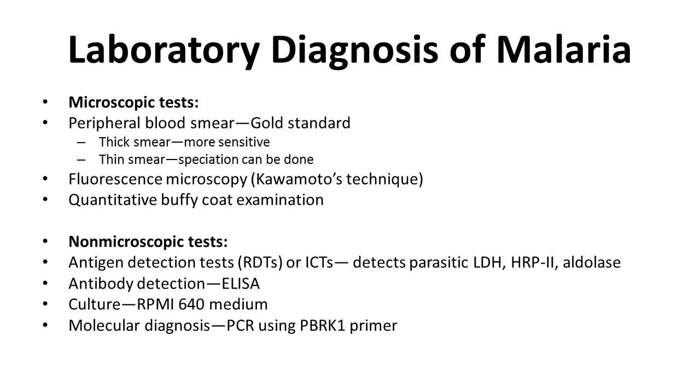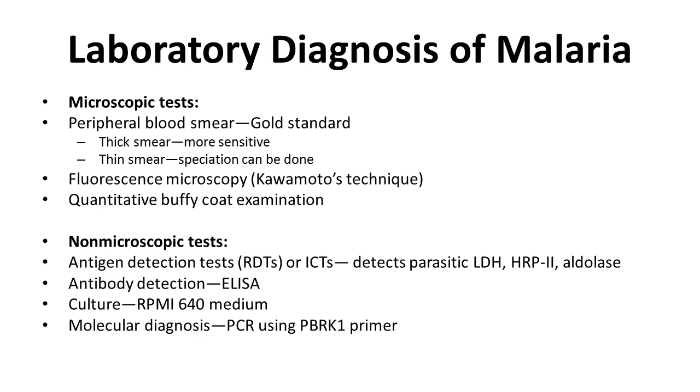Then we will move to laboratory diagnosis of malaria. Here for microscopic testing we can use the peripheral blood smear. This is the gold standard method. Here we have to prepare thick and thin smears. We can prepare a thick smear separately or a thin smear separately, or both thick and thin in the same slide. So why do we prepare a thick film?